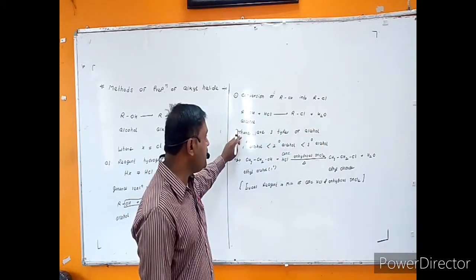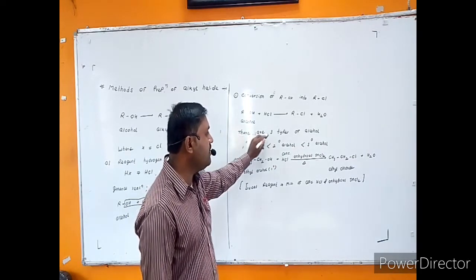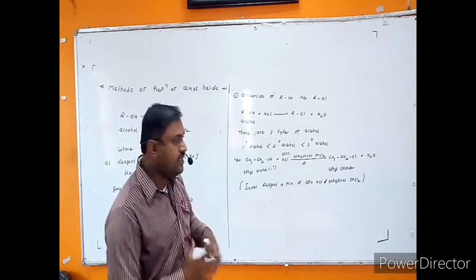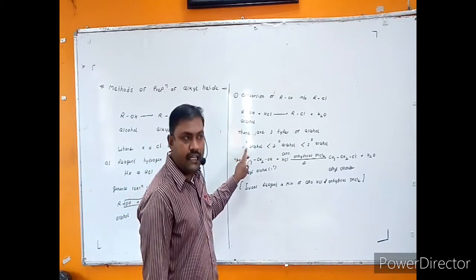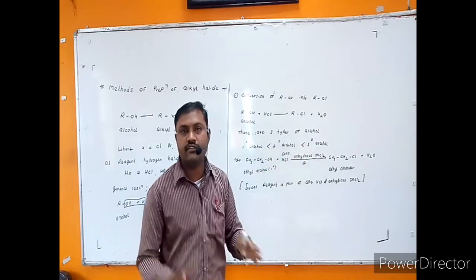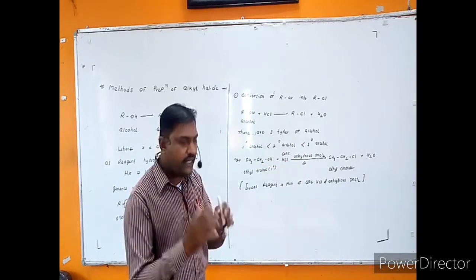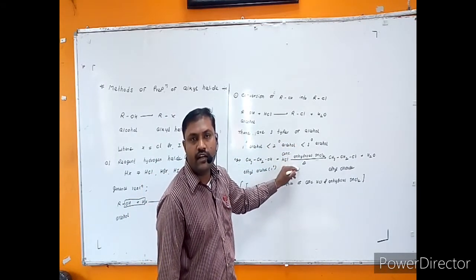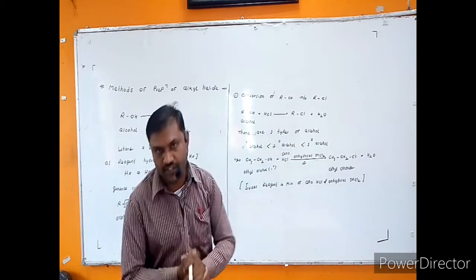But the most important thing in detail, there are 3 types of alcohol: primary, secondary, tertiary. So what we observe, primary alcohols are less reactive than secondary alcohol, and secondary alcohols are less reactive than tertiary alcohol. So while carrying reaction between these types of alcohol, we have to carry out reaction in different conditions.